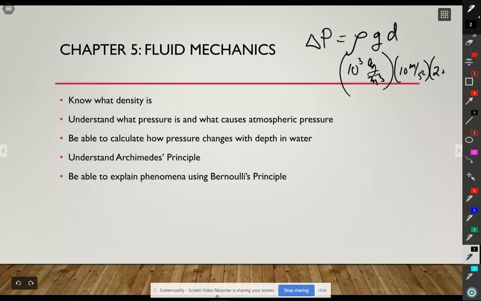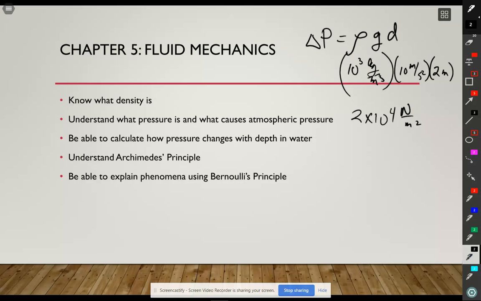Multiply by my rough height of 2 meters, and we have 2 times 10 to the 4th kilograms times meters over meters. Well, it's newtons per meter squared if you do it all together: 2 times 10 to the 4th newtons per meter squared.